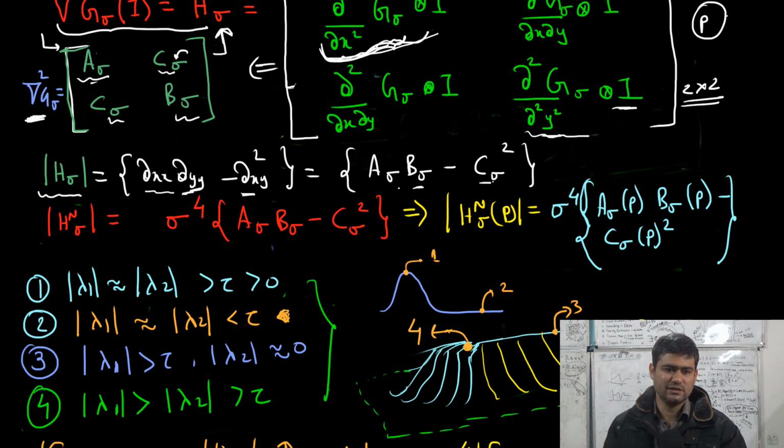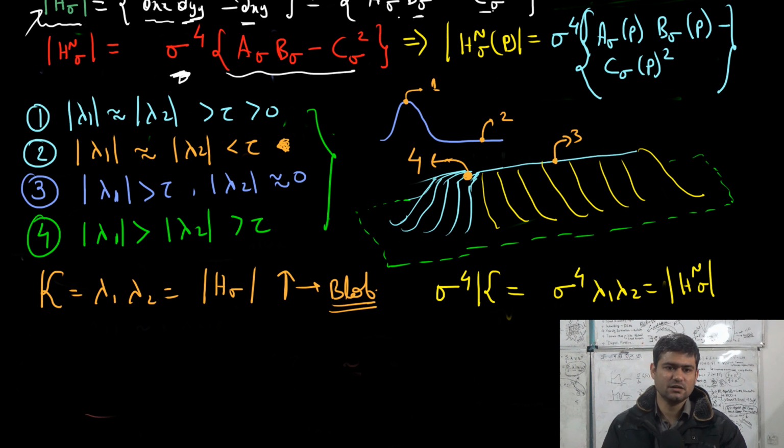Furthermore, recall that we discussed that instead of dealing with the determinant of Hessian, we compute the scale normalized determinant of Hessian score, which is the multiplication of the determinant of Hessian with sigma to the power 4. And we can compute the eigenvalues of this Hessian, and if both the eigenvalues are greater than some threshold and are greater than 0, then this denotes a blob.